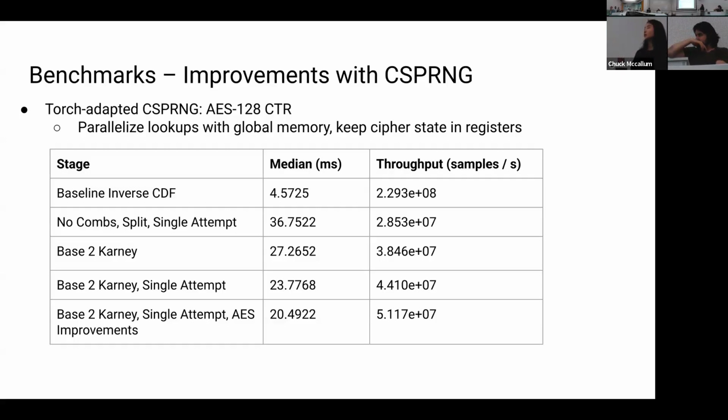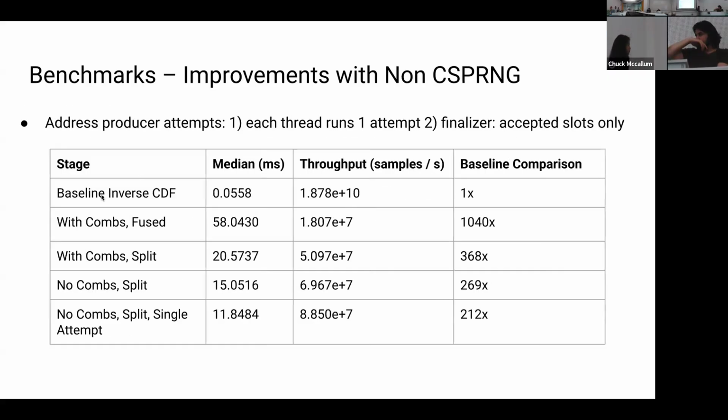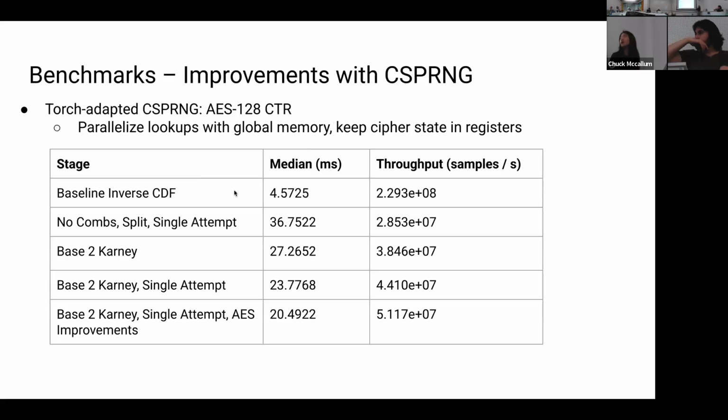That makes sense. So there was a concern that I saw because in the last one, this is with the non-cryptographically secure, so the Philox one, that was around like 0.05 milliseconds, and this one was like 4.5, which was quite a difference.